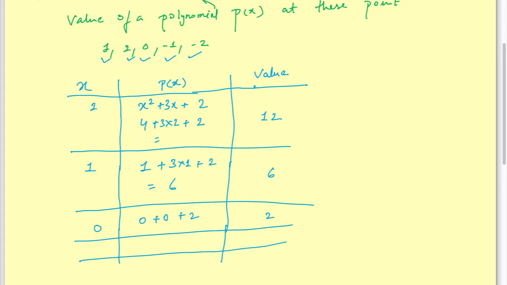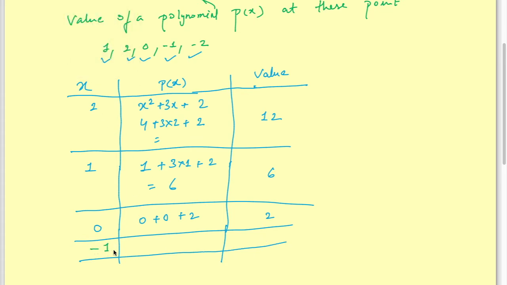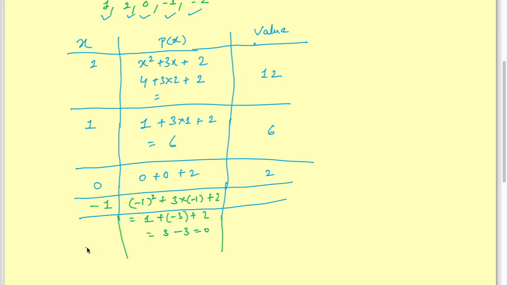Now if I take minus 1, so the value becomes minus 1 square plus 3 into minus 1 plus 2. That is equal to 1 plus minus 3 plus 2 equal to 3 minus 3 equal to 0. So the value here is 0.